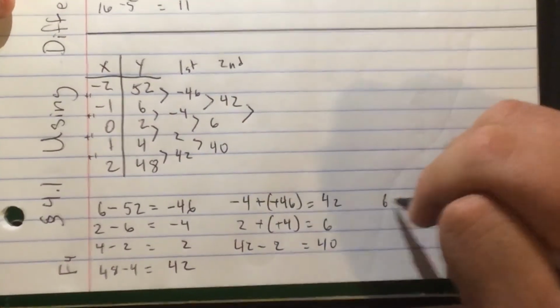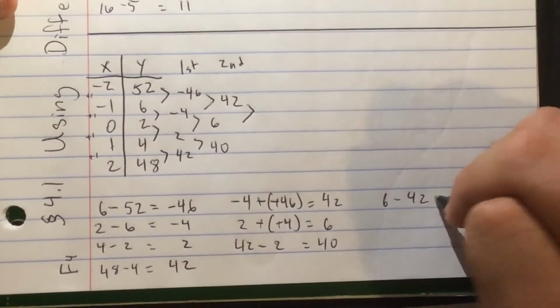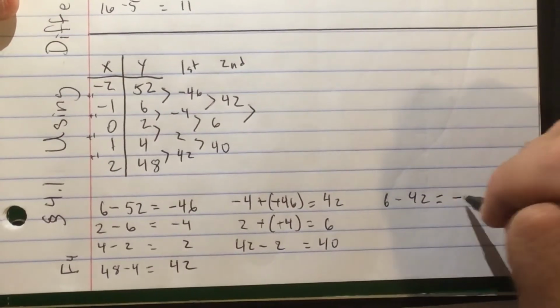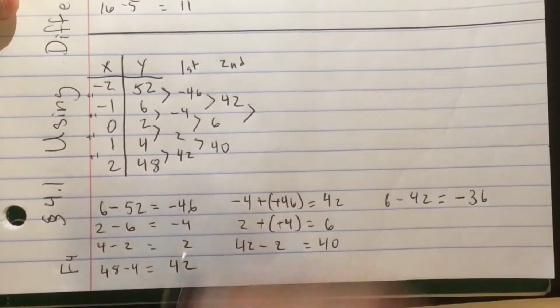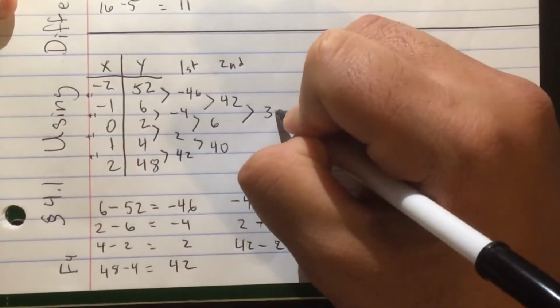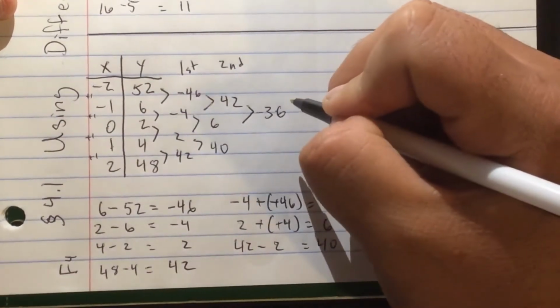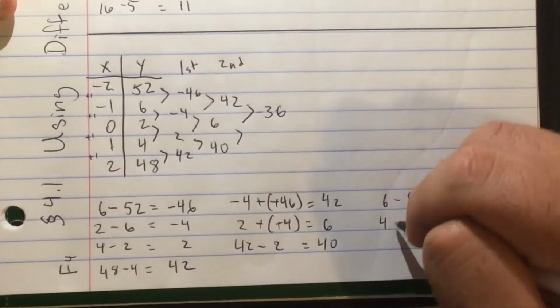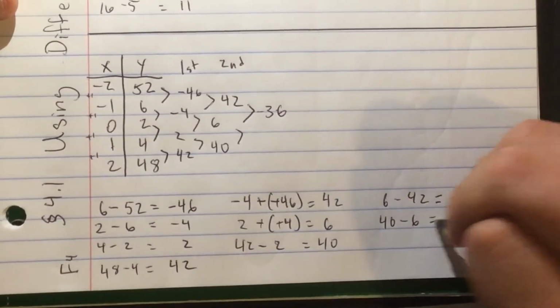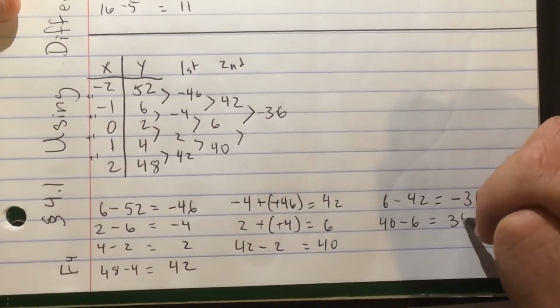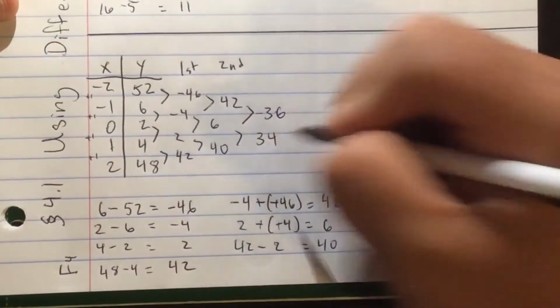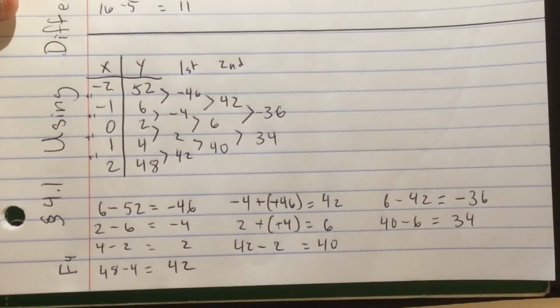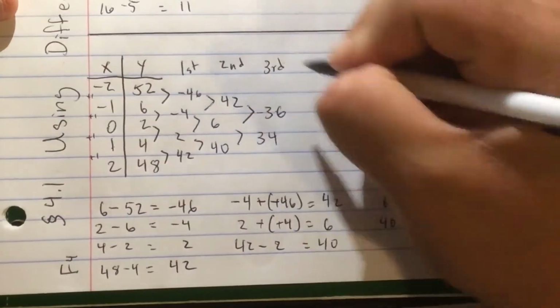So now we have a 6 minus a 42, which gives us a -36. And then we have this one here, which is 40 minus 6, which gives us a 34. This is our third difference.